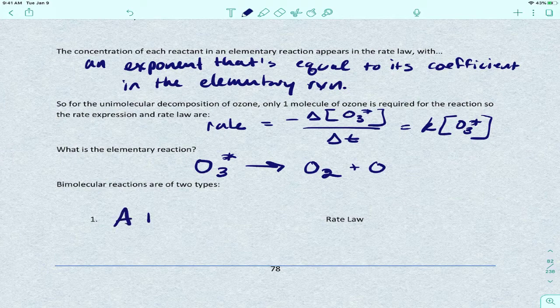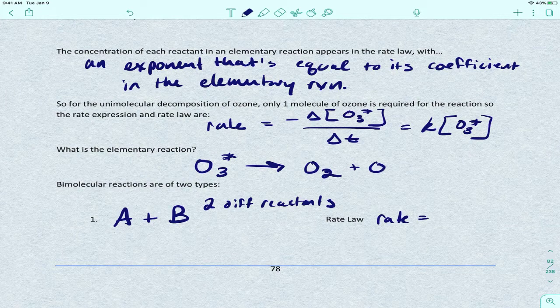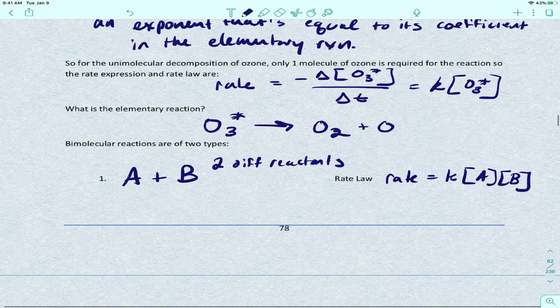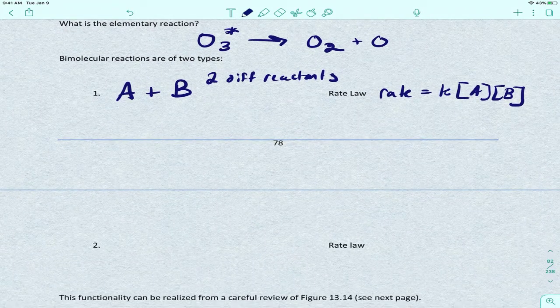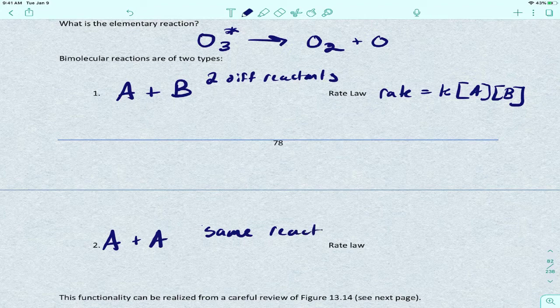Either you're going to have A reacting with B, so you have two different reactants, and the rate law would be this: the rate would be equal to the rate constant k times the concentration of A times the concentration of B. Or you could have reactant A reacting with another reactant A, so you have the same reactants, and that rate law would be like this: rate would be equal to the rate constant k times the concentration of A squared.